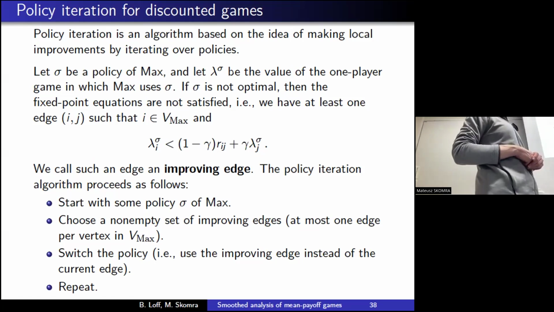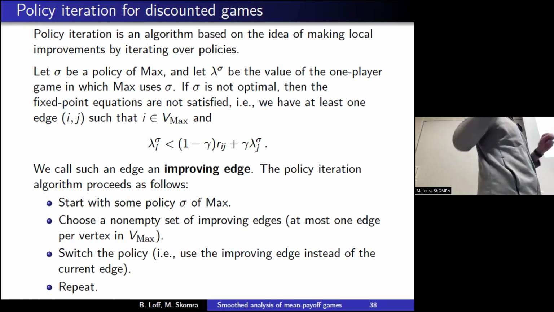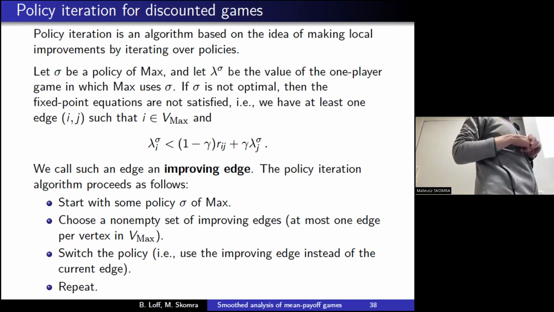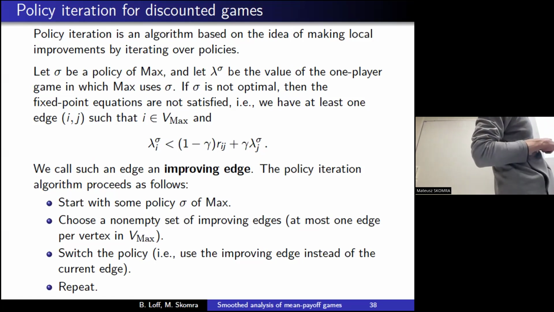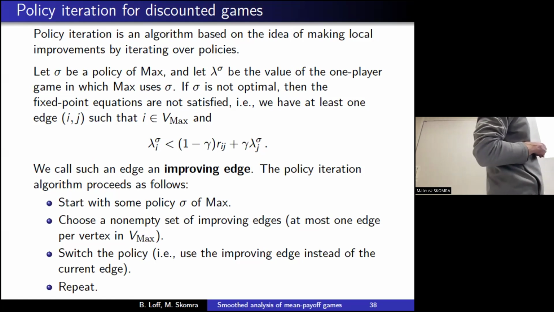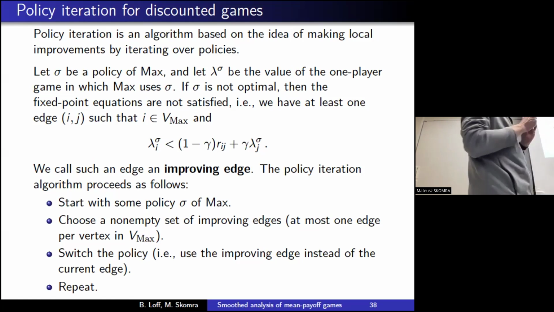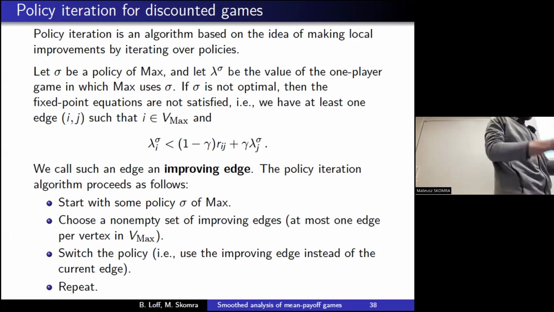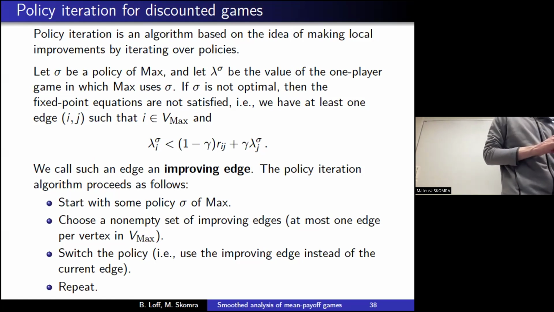So can we use this to actually improve the policy, find a policy that is better than the current policy? And the answer is yes. And this is the idea that is written on this slide. What we want to do is make a local improvement to my policy. I have my current policy, I check, well, not optimal, and then I want to improve it by switching some edges.